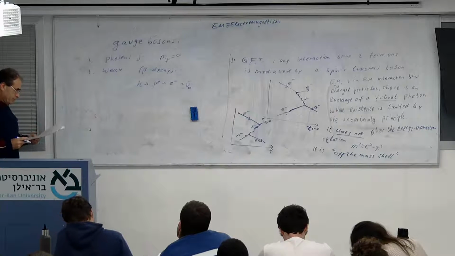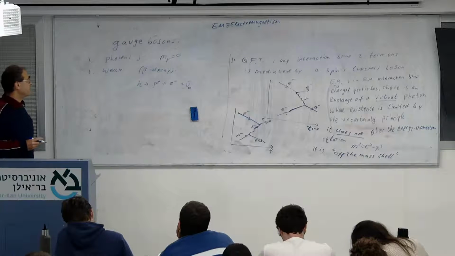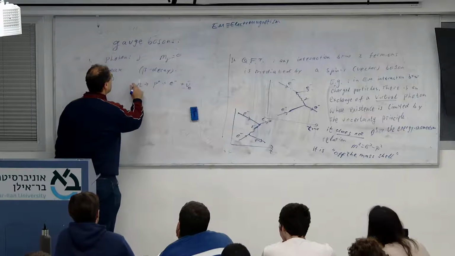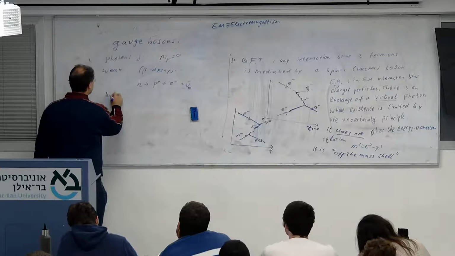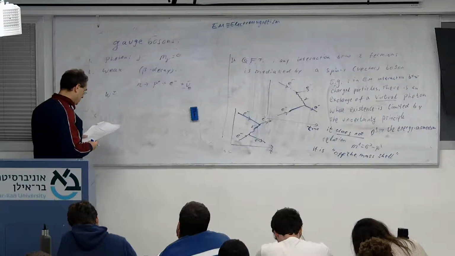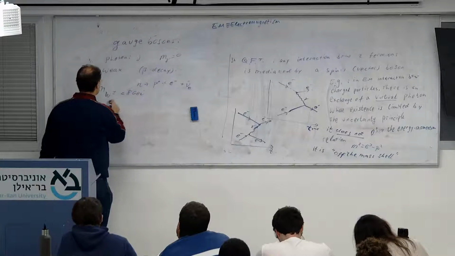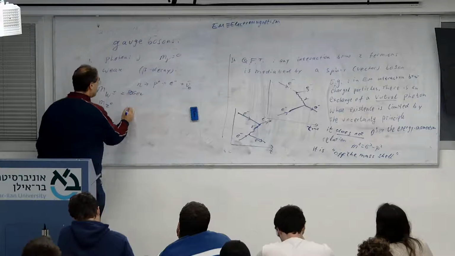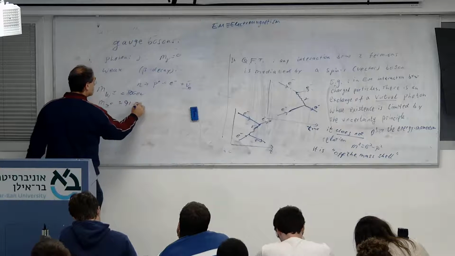But you see nuclear fusion as well. This is mediated by the W and Z bosons. So W plus-minus mass is 80 GeV, and Z is neutral, slightly heavier, 91 GeV.